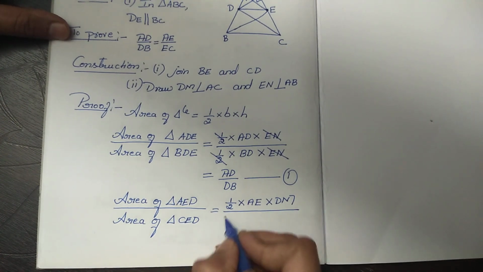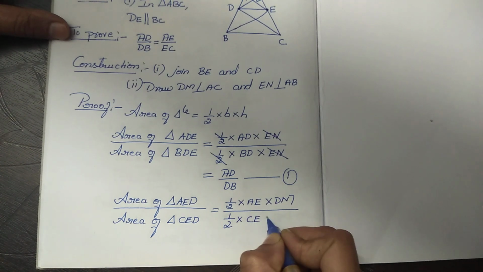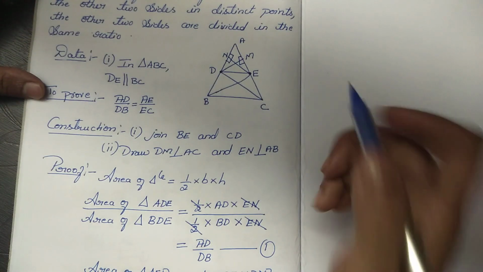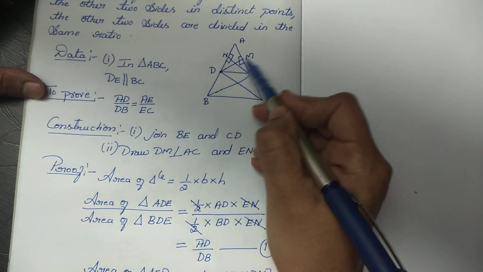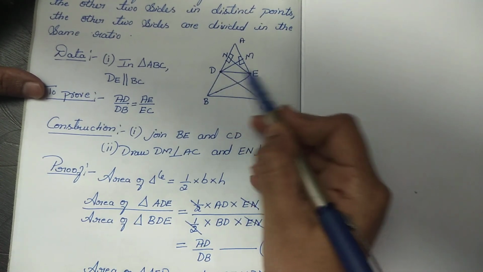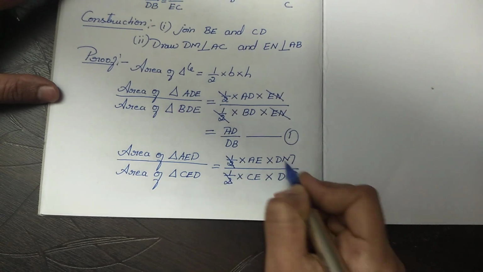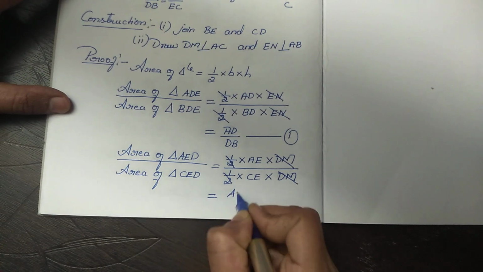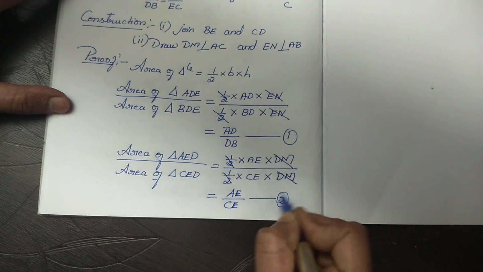And in area of triangle CED, the base will be CE and the height will be DM. So here half, half and DM cancel each other. The remaining is AE by CE. Let it be equation number 2.